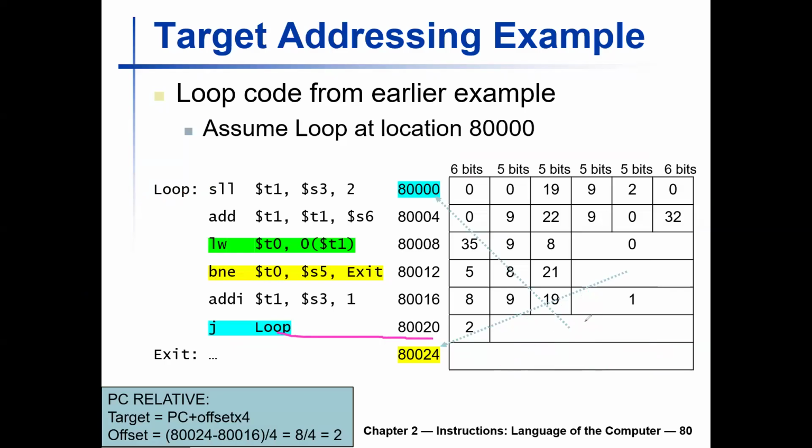And for jump, if I want to find the value here, what is the target? Could you see? They indicate some target here. What is the target? 80,000. So the target is 80,000.